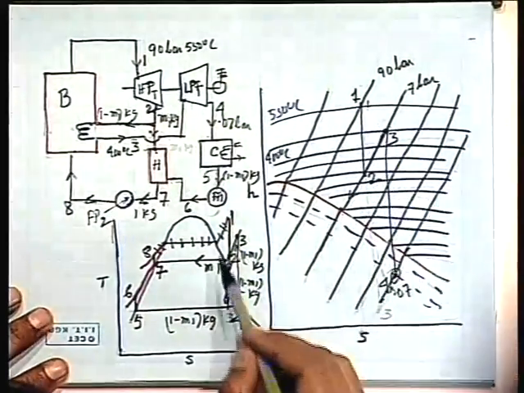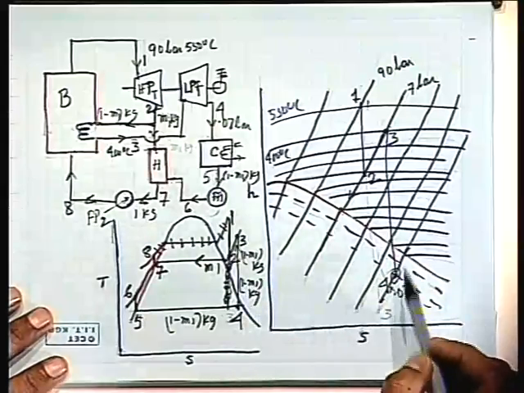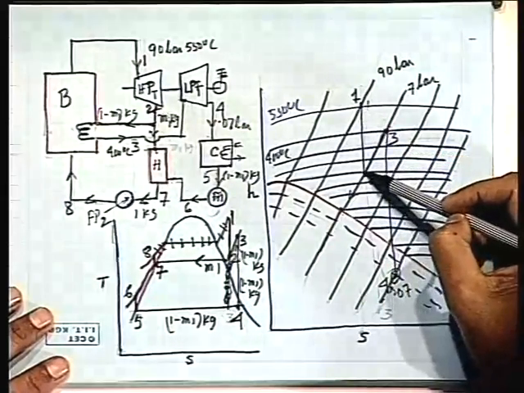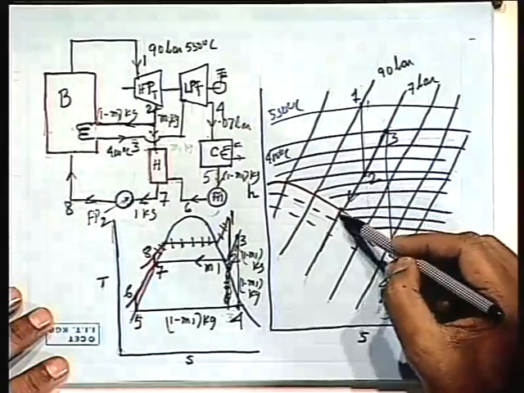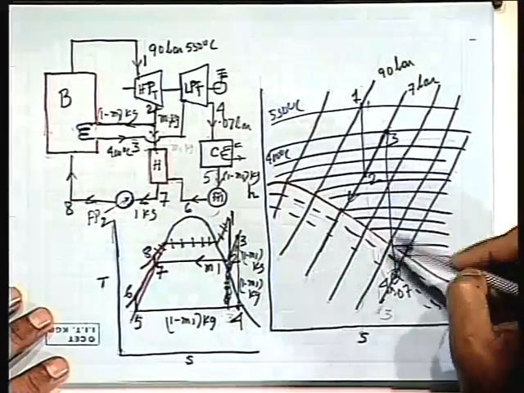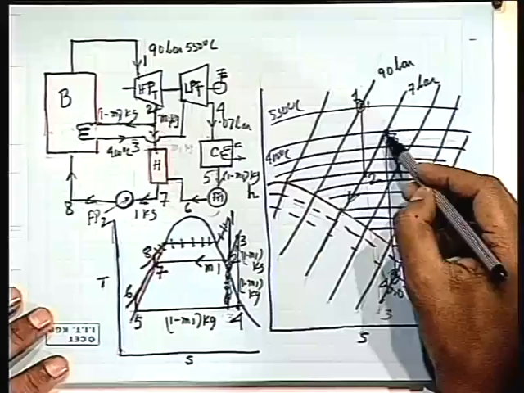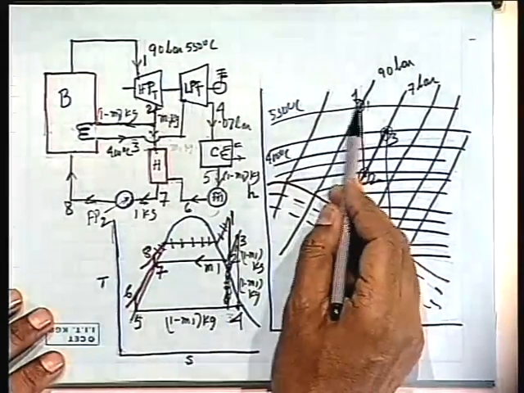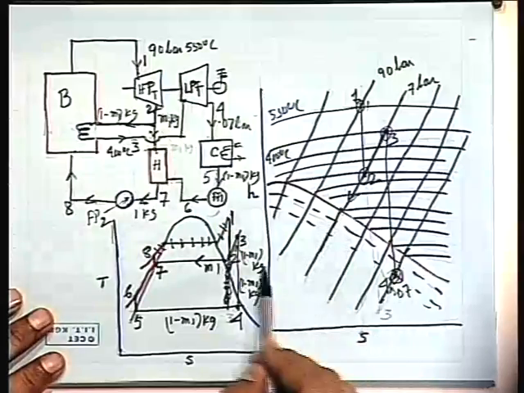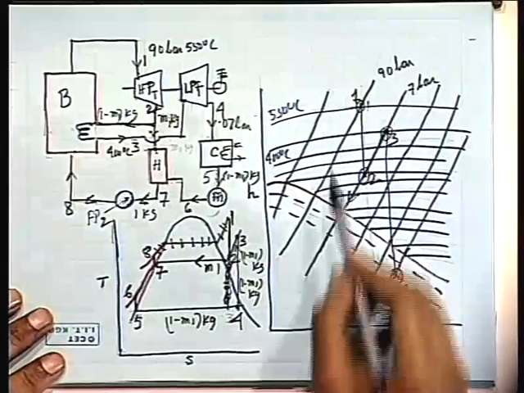So 1, 2, 3, 4, I draw. Very correct. 1 to 2 is associated with 1 kg. 2 to 3 is 1 minus m1 kg, whereas m1 kg is being cooled in this direction. 3 to 4. Because my intention is to find out h1, h3, h2, h4, which will be required in the calculation, which are directly read from these ordinates, straight by drawing these lines.